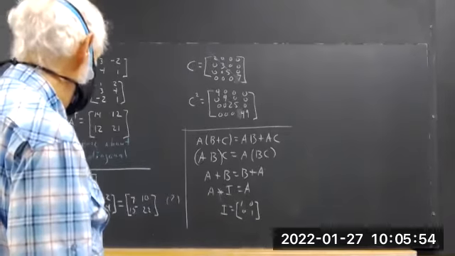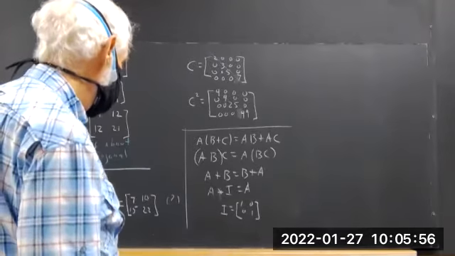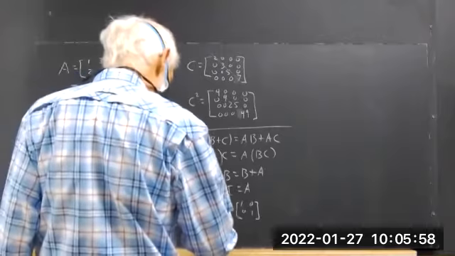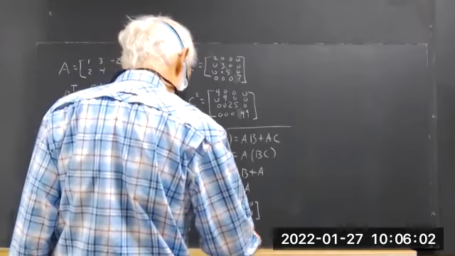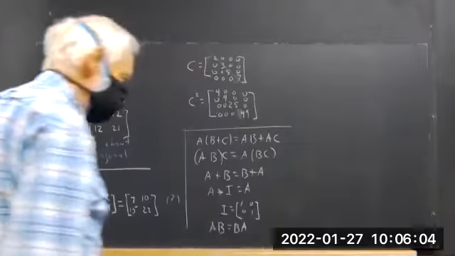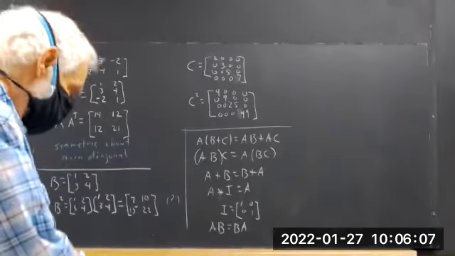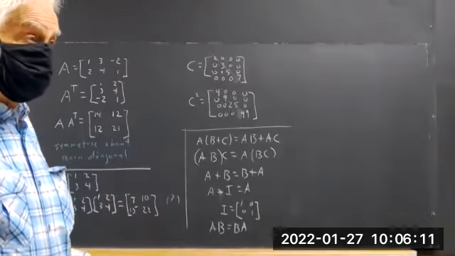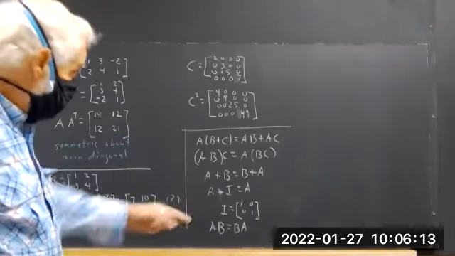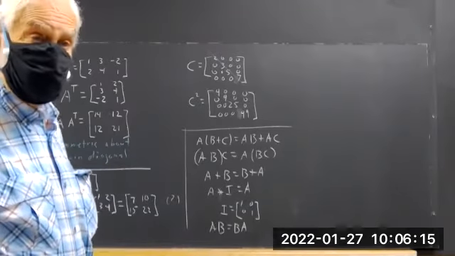Okay. Now, the one exception, you might want to say that AB equals BA. Okay? Because, of course, that's how numbers work, right? But it doesn't work for matrices. Read the examples.